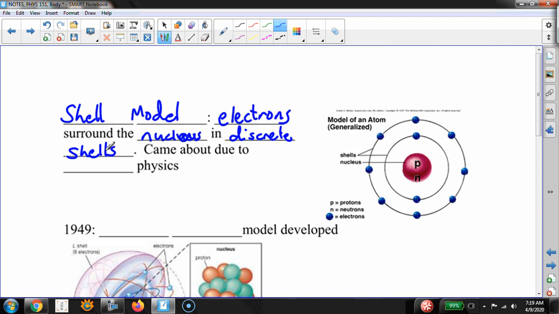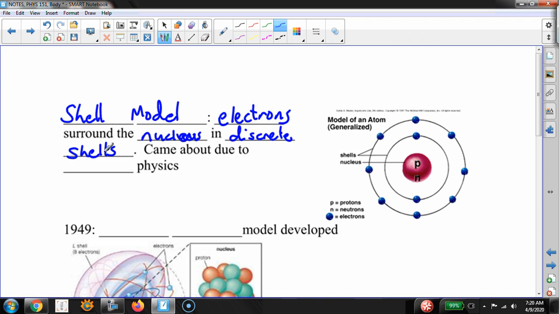And so as we talk about these models, we're getting progressively more and more correct, as scientists, from the 1900s into the mid 1900s and even to today, come to understand this quantum world, this very, very small world, much better.